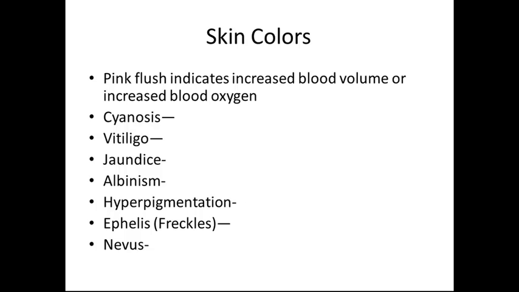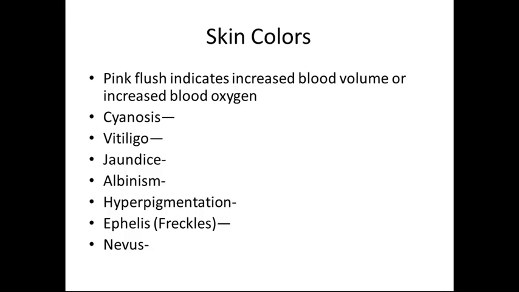The skin colors: pink flushing indicates increased blood volume or increased blood oxygen to that area. Cyanosis is a bluish gray color and indicates a decrease in blood oxygen levels.